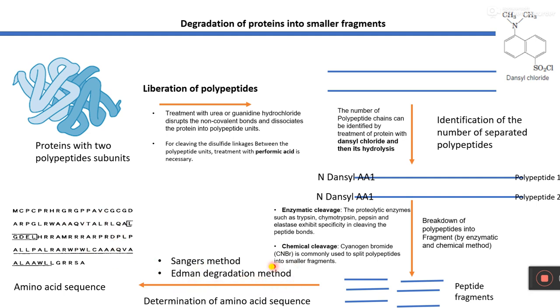I would like to talk about these two methods of protein sequencing one by one. So let's first come to Sanger's method of determination of amino acid sequence in a particular peptide or polypeptide subunit.